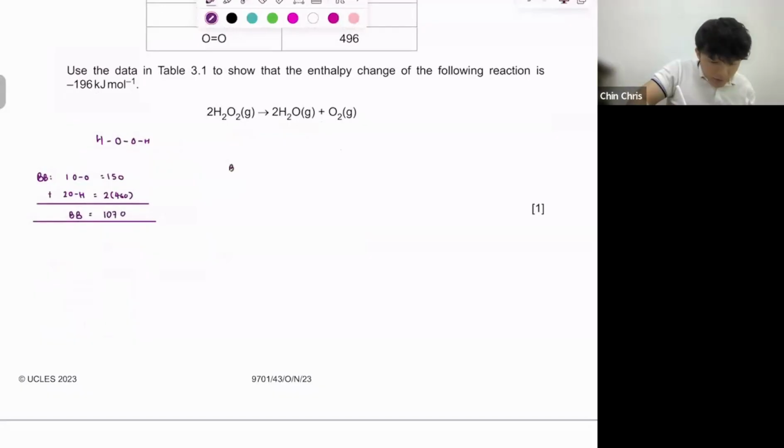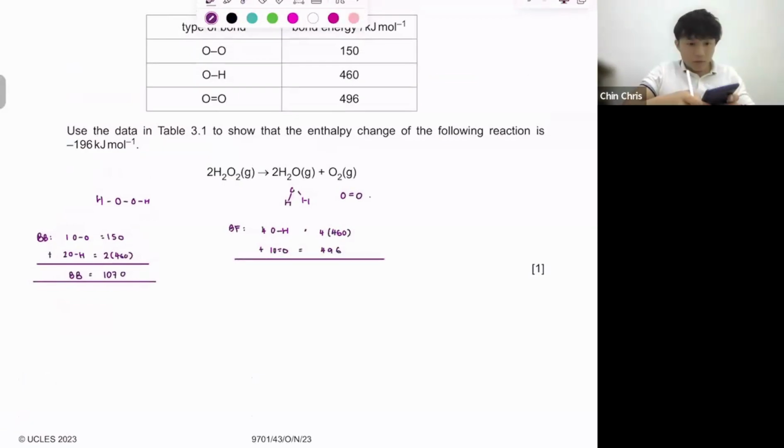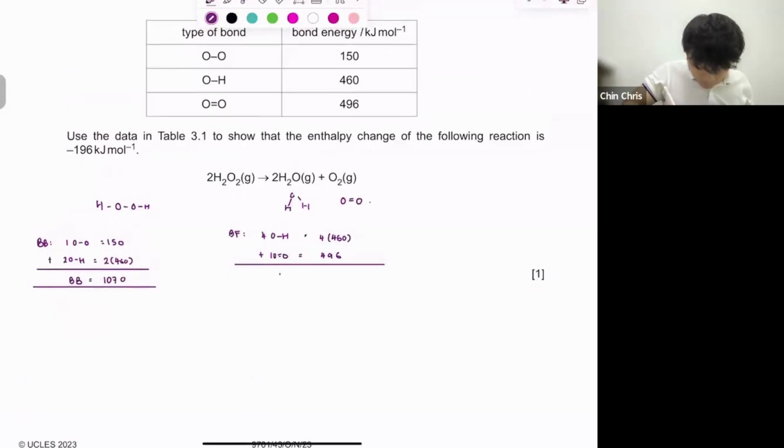Alright, guys, next, what about my BF? I have 4 moles of OH, because 1, 2, 3, 4. So 4 times 460 plus 1 mole of O double bond O, 496. 2336.